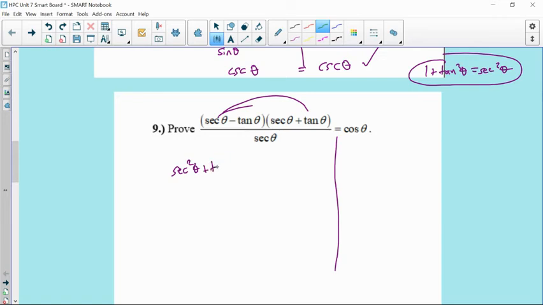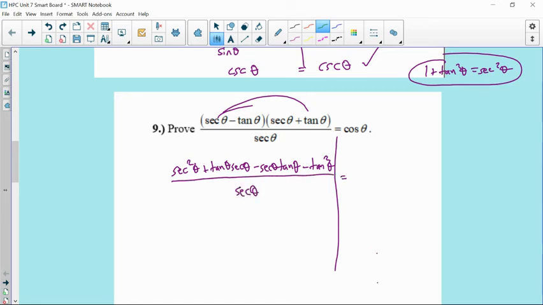So I know that those are going to cancel. And then minus tangent squared, and all of that is divided by secant of theta.